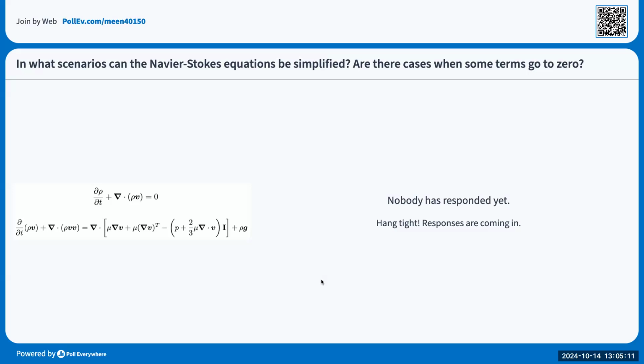Is there any way to make both equations simpler? Okay, somebody submitted one thing: ignore gravitational effects. Very good. Yeah, let's just drop this term. Any more?